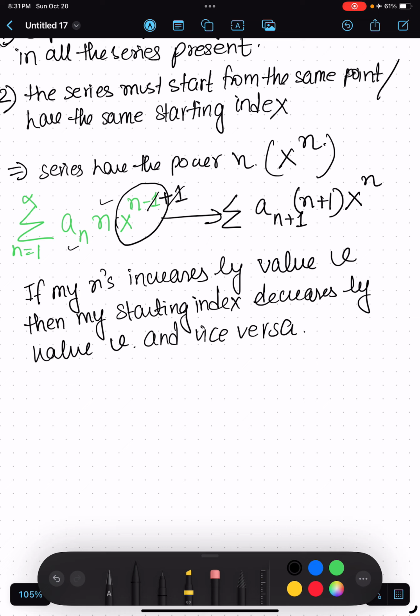So what I'm trying to say is, since my n's in these expressions have increased by 1, my starting index will now decrease by 1, and vice versa.